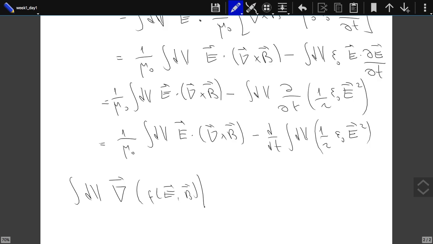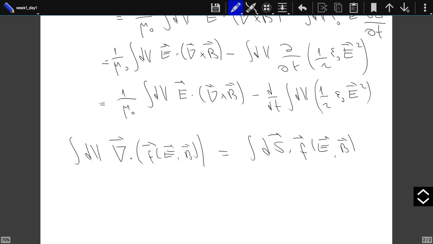Because I can convert it into a surface integral, the divergence of something, and assuming my surface is at infinity, the E fields and B fields at infinity will just go to 0. So that will be my purpose with the first term over here. Can I convert this into some gradients plus some term of this form? That is what I will be trying to do now.